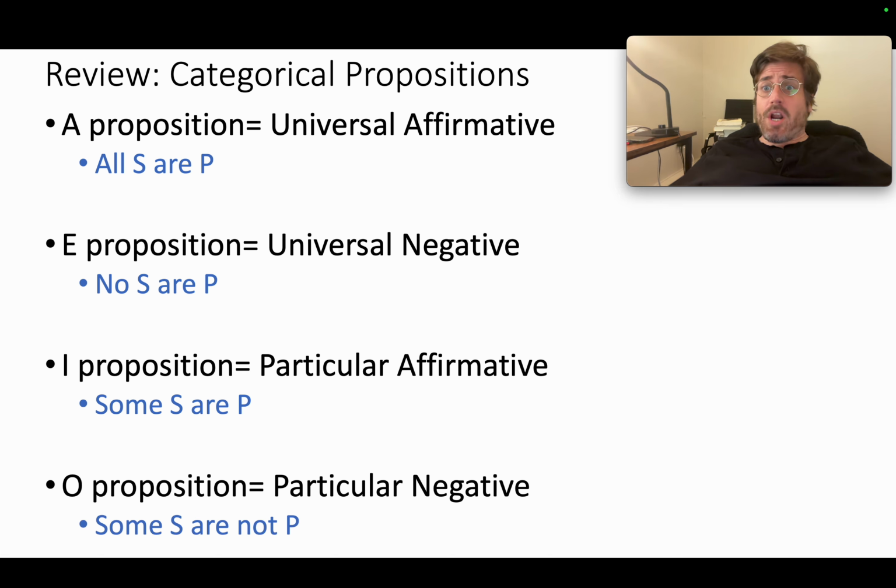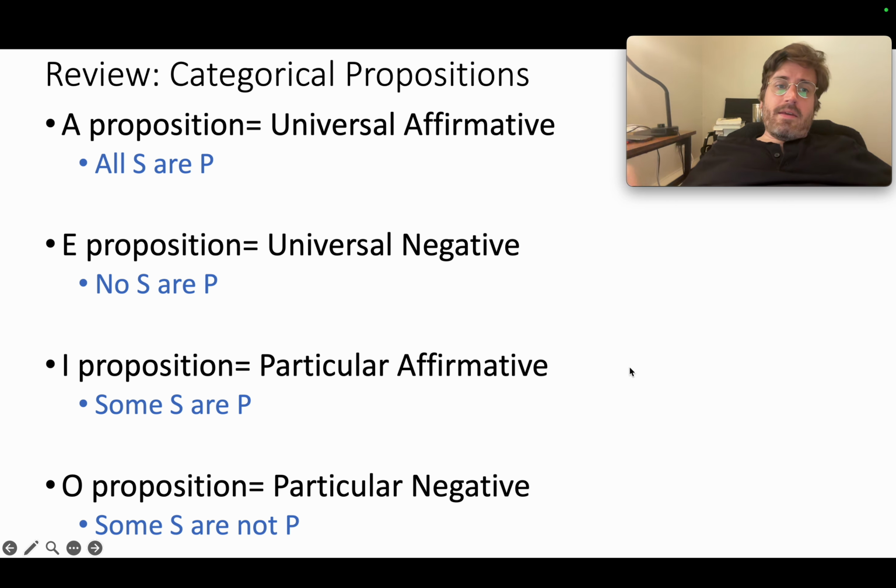We then have our O proposition, which is our particular negative category. The O proposition for any content takes the form some S are not P. Some S are not P. So our quantity is particularity and our quality is negation, is negative. We're denying membership of the S in the P class.